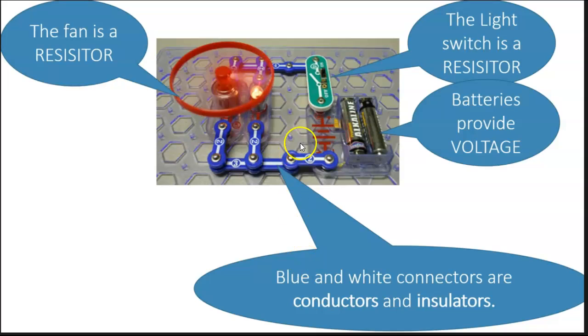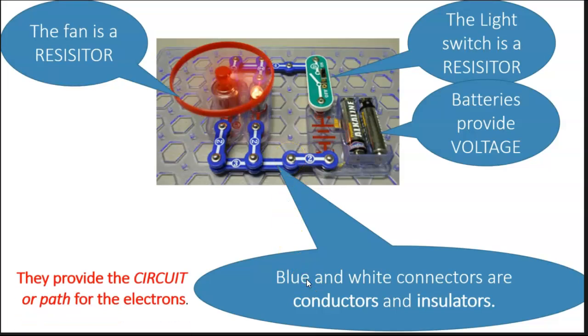And finally, these blue and white conductors, those are the wires that connect all of our different materials together. When you look at your blue and white conductor, try and figure out which one's the conductor and which is the insulator. There's a blue plastic part, and then there's the metal part. Hopefully you understand that the metal part is going to be our conductor, and they provide the path for our electrons.